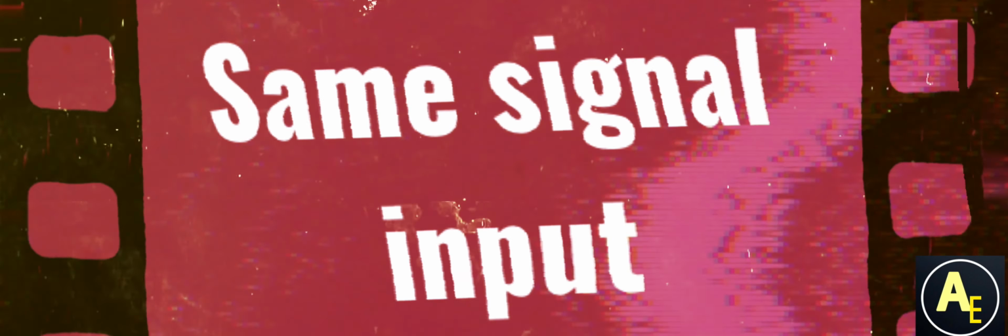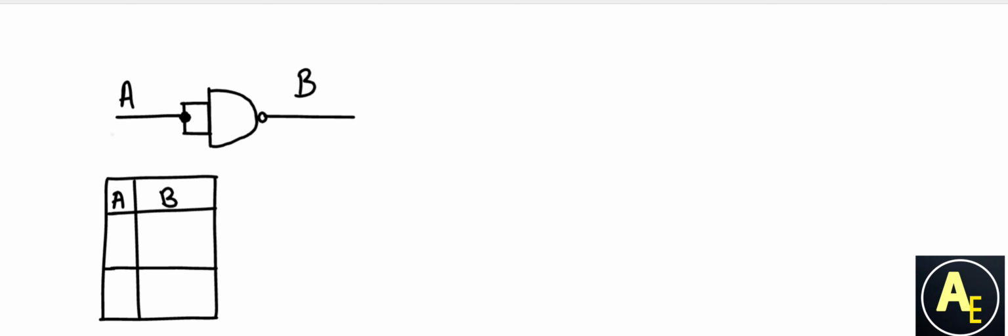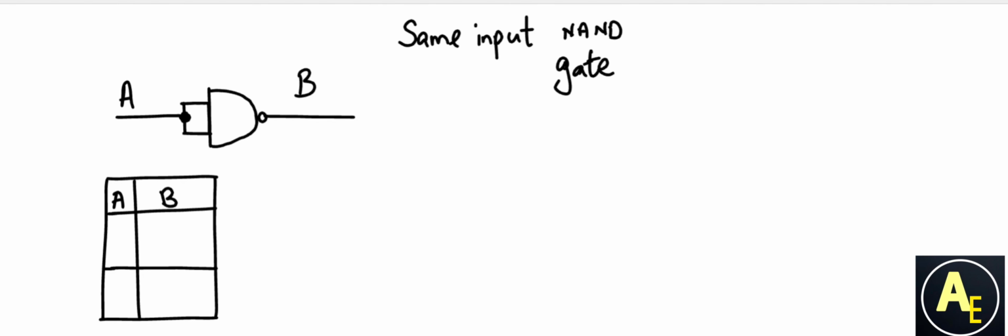Same signal input. Such gates have one shared input. Since there's only one input, the number of rows should be given as 2 to the power of n, which is of course 2 rows. This is quite similar to the input of a NOT gate.